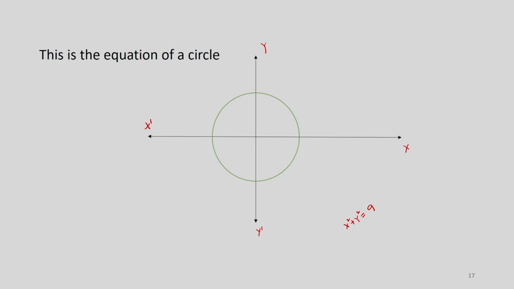Now, this does not pass that test that I am talking about. If you take any particular point on the x axis, let us suppose this point, and draw a vertical line, then you have 2 points of intersection with the curve. Therefore, it is more than 1, and therefore, this cannot be the graph of any function.